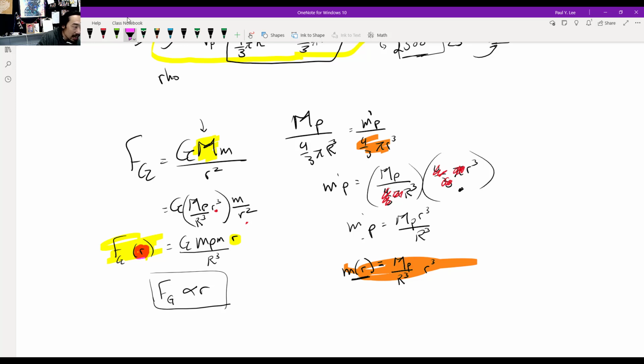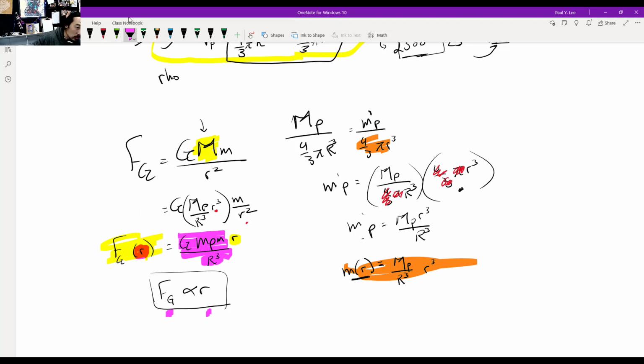Anything that is not variable is considered to be a constant. So all of this is a constant. The mass of the planet is a constant, that capital R is a constant, that lowercase m, which represents the person going into the planet, is a constant. The only thing that's changing is the force of gravity and how far you are into the planet. And that is a linear relationship.